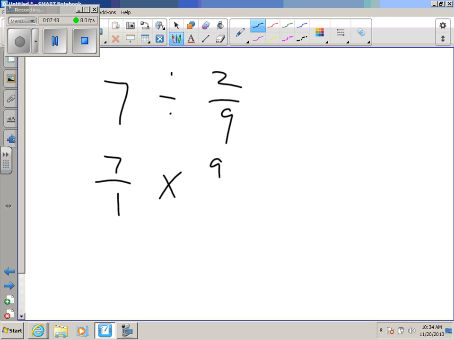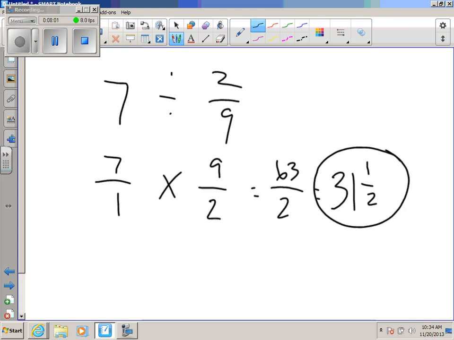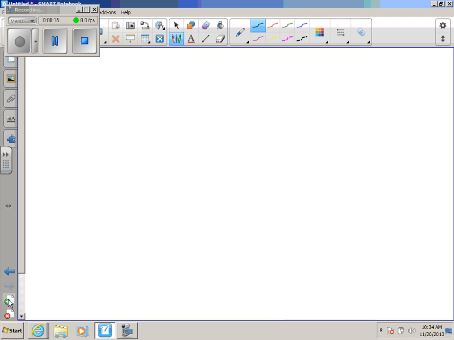Flip. 9 over 2. 63 over 2. 31. 1 left. Because when I divide 63 by 2, I get 31 with 1 left. Okay?